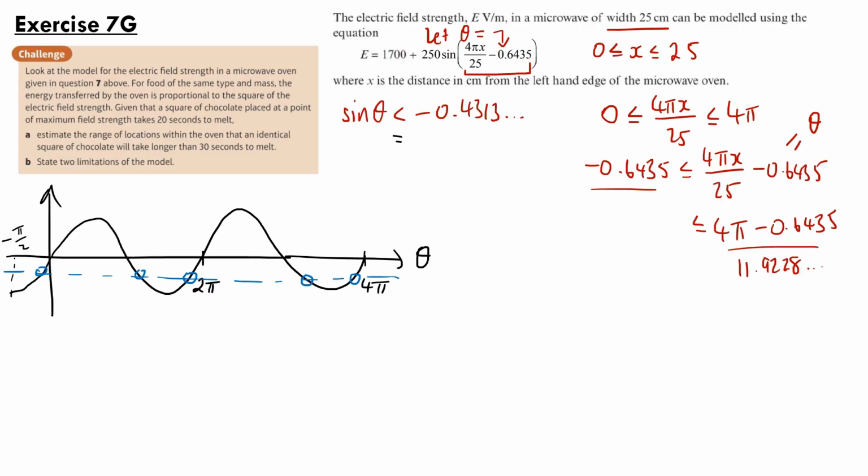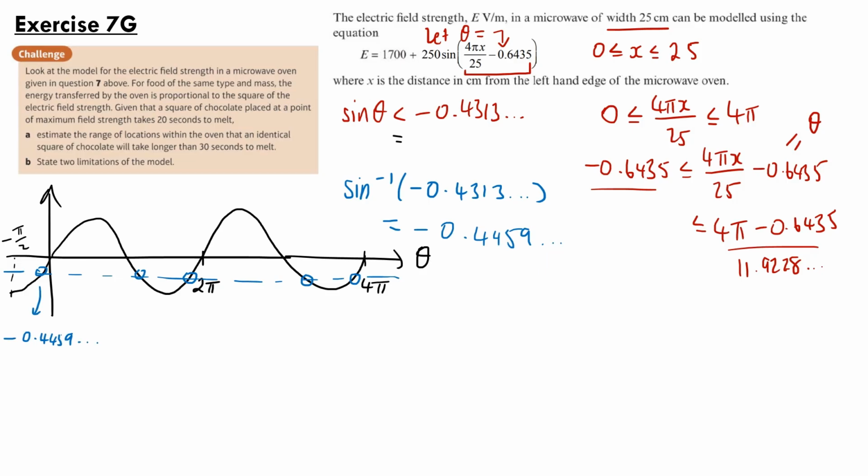And we want to find all of these values where sine of theta equals minus 0.4313. So we can start by finding the inverse sine, the principal value from your calculator. So inverse sine of minus 0.4313 and so on gives minus 0.4459. So that's our first solution over there.